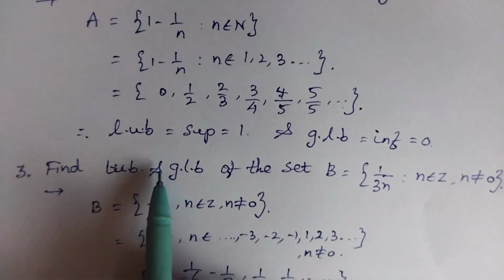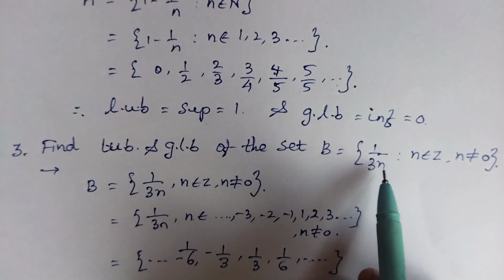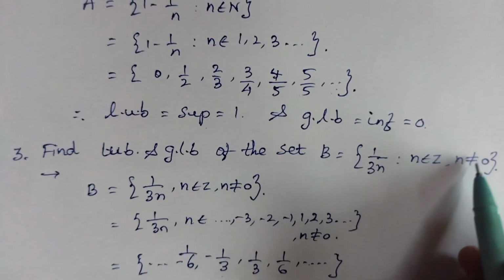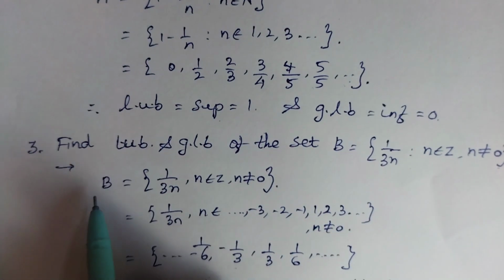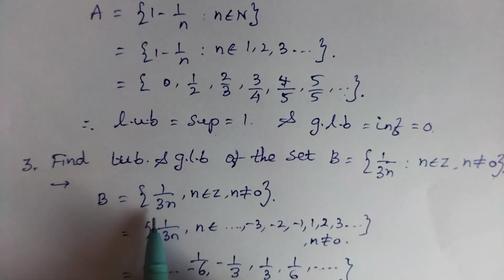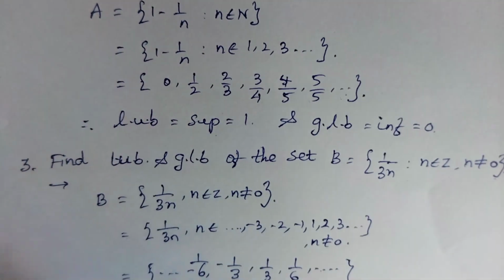Find the least upper bound and greatest lower bound of the set B = {1/(3n) such that n belongs to Z, n not equal to 0}.